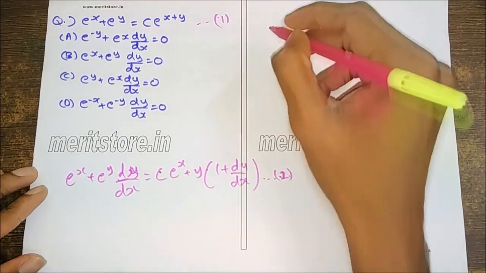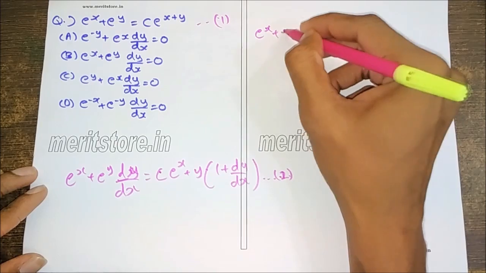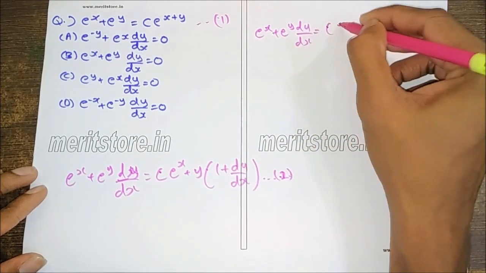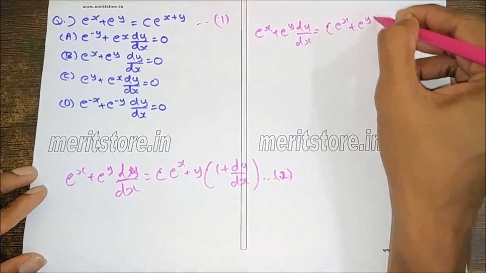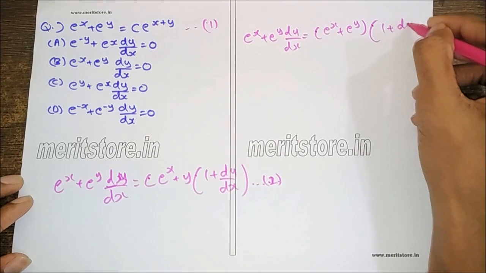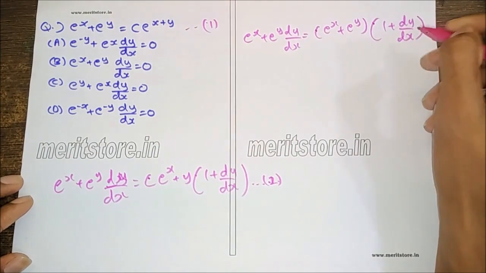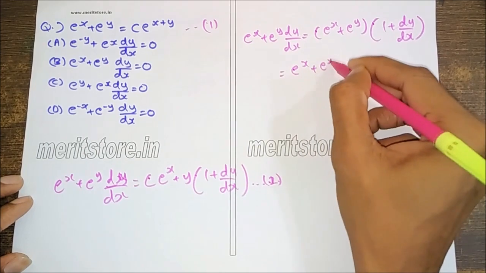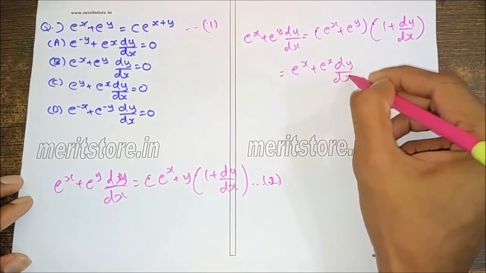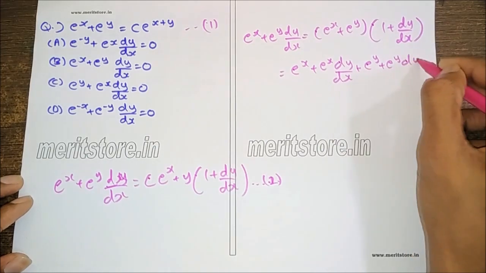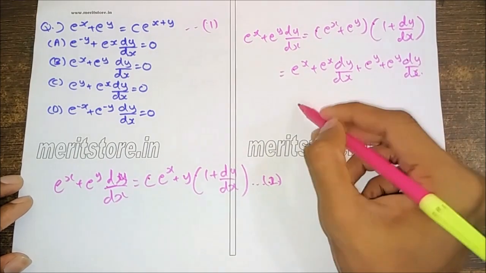Further solving, we get e raised to x plus e raised to y dy by dx is equal to e raised to x plus e raised to y into 1 plus dy by dx. Further solving, we have e raised to x plus e raised to x dy by dx plus e raised to y plus e raised to y dy by dx.